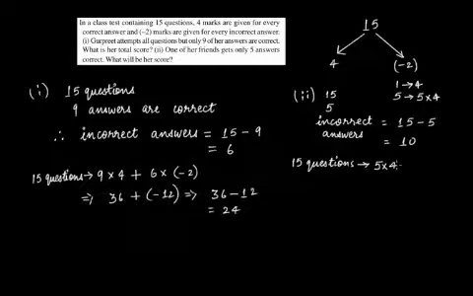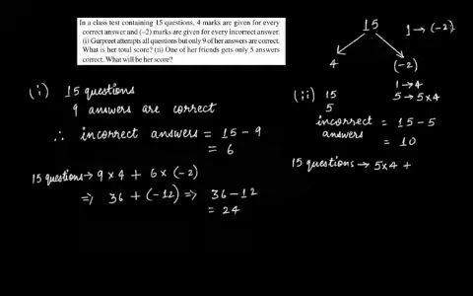So 5 times 4 plus, for every single question that was attempted incorrectly she will be awarded -2, and therefore for 10 questions attempted incorrectly, she will be awarded 10 times -2.